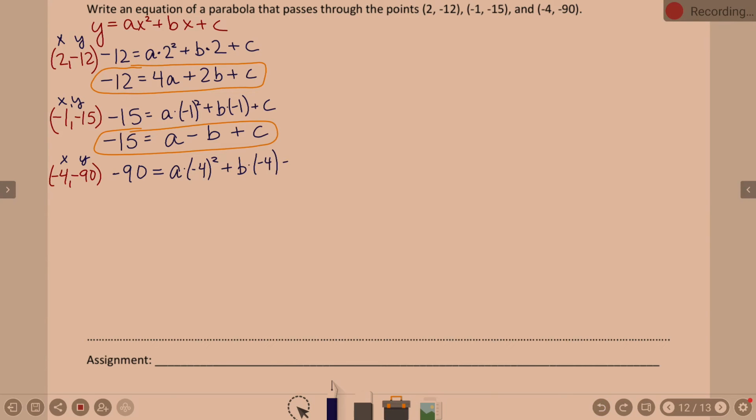Started to write the wrong thing. Plus c. Negative 90 equals, so negative 4 squared is going to be 16a minus 4b plus c.